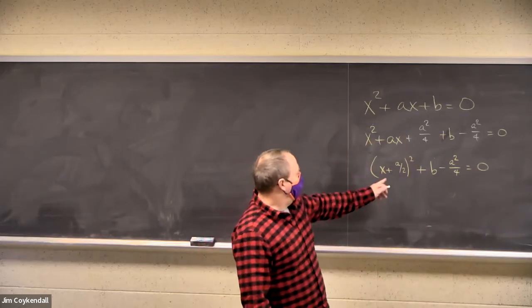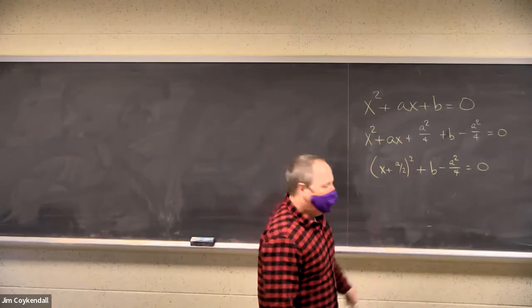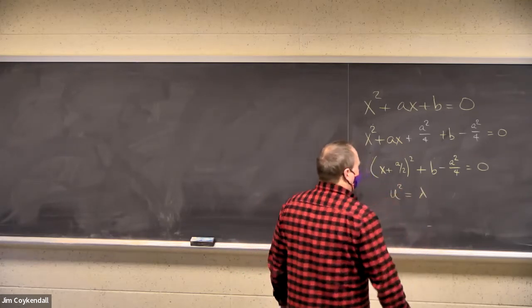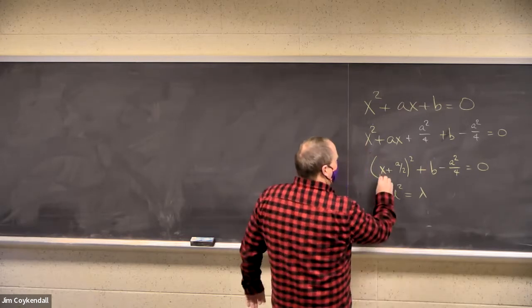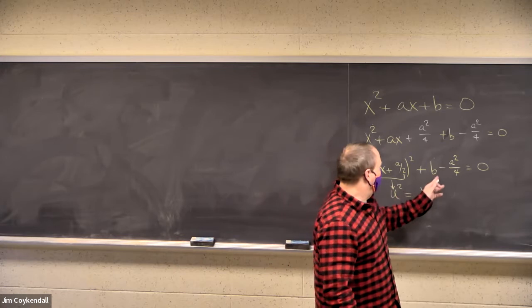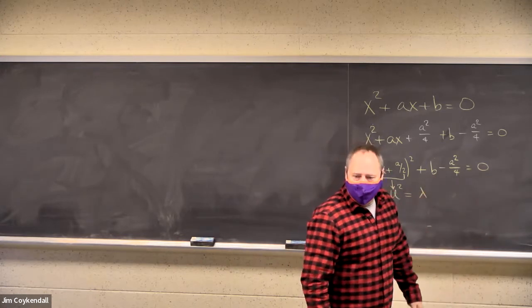And this was the whole trick because then really what you did is you rewrote this as u squared equals lambda, right? Where this bit is u, and lambda is just this mess taken over the other side.